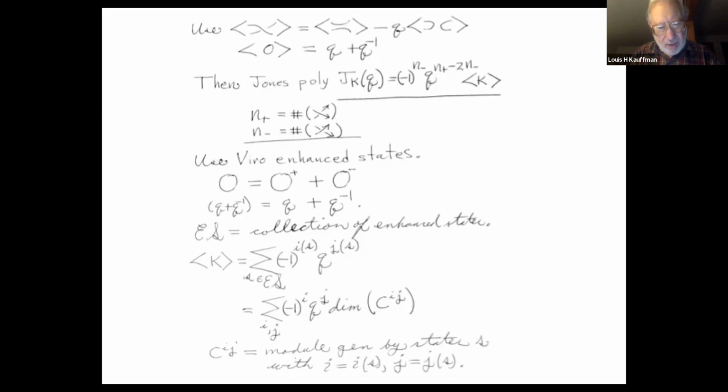So the ith level becomes a sum over subpieces which have a given value of J. And we can rewrite the bracket as a sum over arbitrary I and J of minus 1 to the I, Q to the J, times the number of states that have I B smoothings and have the value J. And that's the dimension of this module, C_ij.